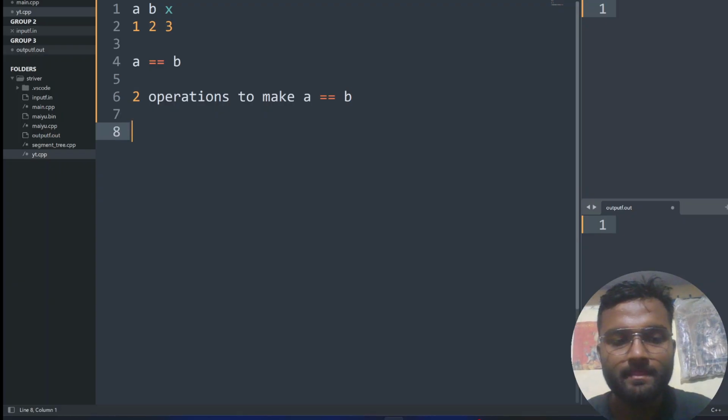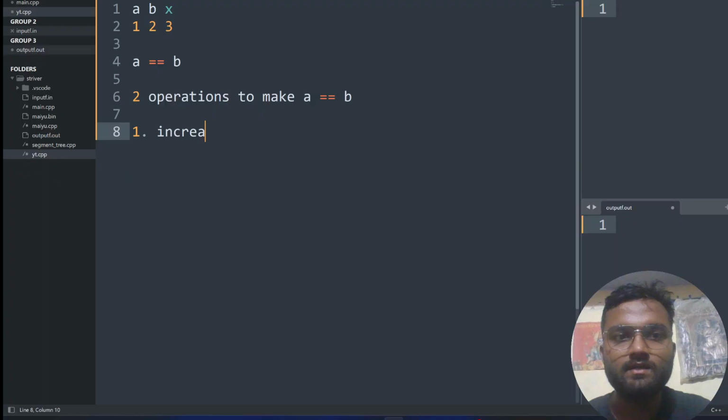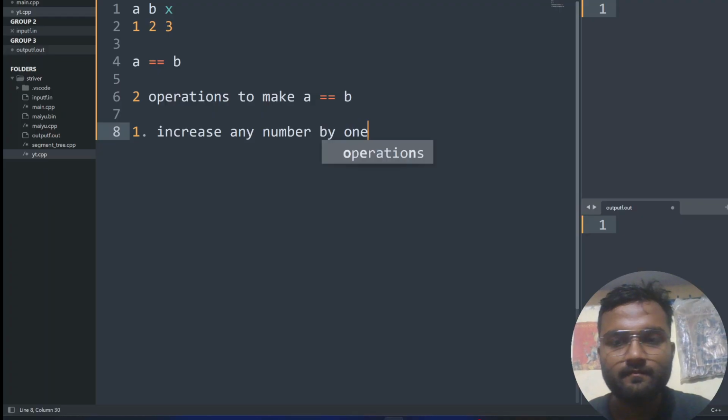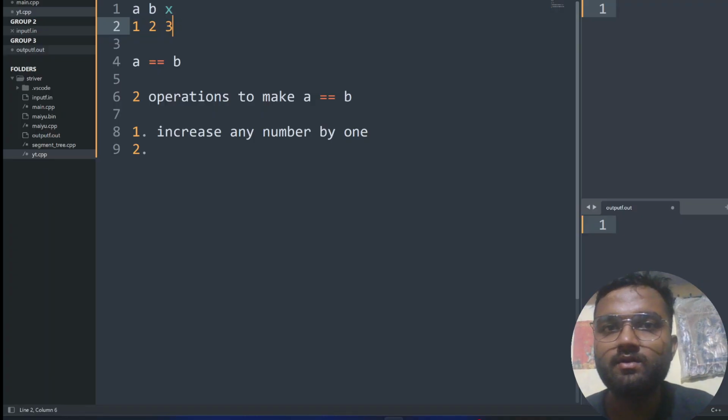First operation: we can increase any number by 1. In the second operation, we can divide any number, a or b, by x and take the floor value.